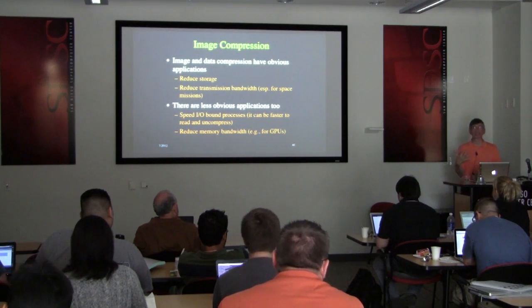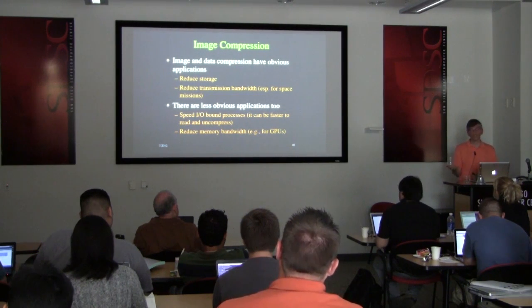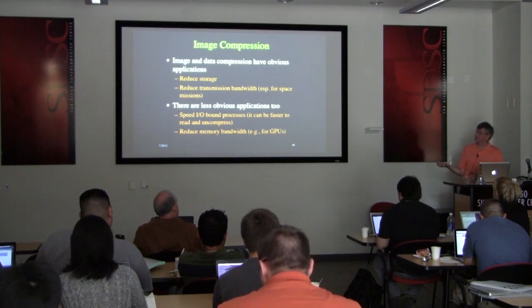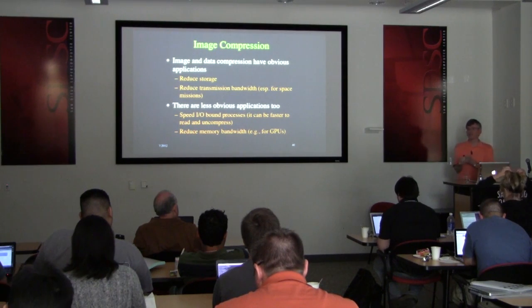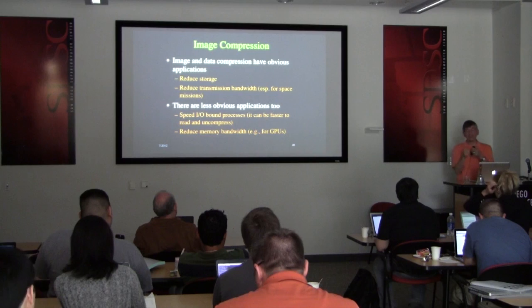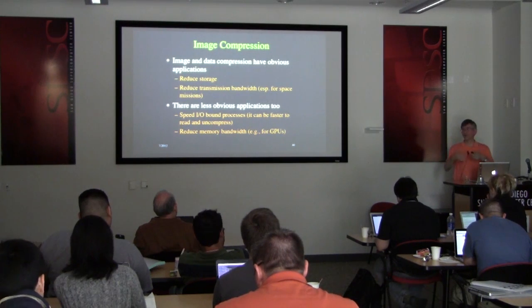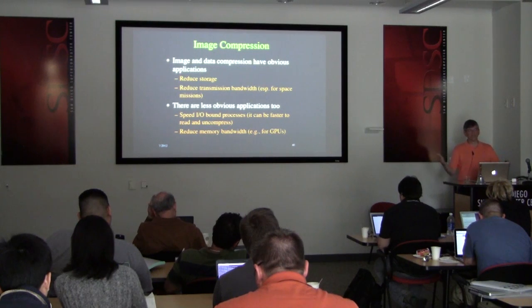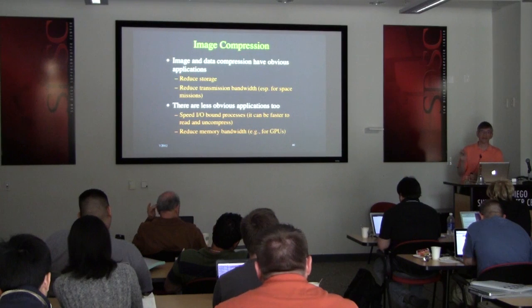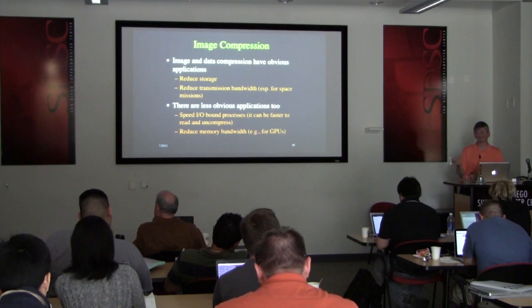Reading the data off disk can be a very slow process for a large image. These compression algorithms are so fast that it actually can be considerably faster to compress the image, store it in a small compressed format, then read only that little bit of data, run your compression algorithm in memory, and uncompress the image in memory. So you can save time by reducing the I/O time and trading I/O for CPU.